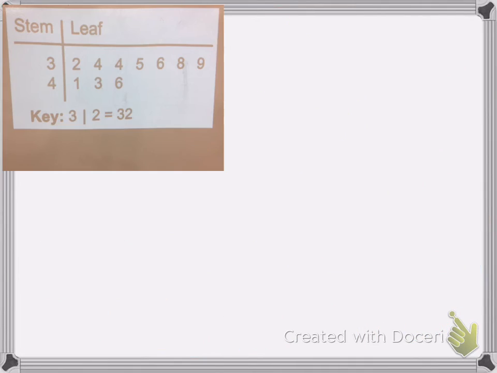All right, here is a stem and leaf plot. Please write this stem and leaf plot in your notes, and then write down the list of numbers that come from it. It's got a nice little key to show you. The stem, in this case, is your tens place, so we've got 30 and we've got 40.